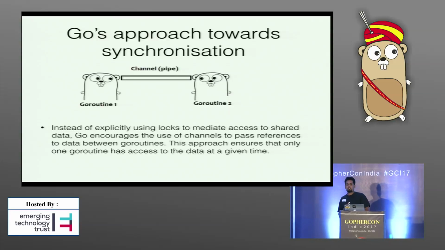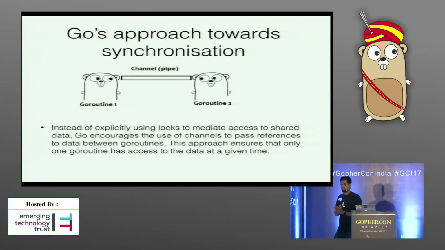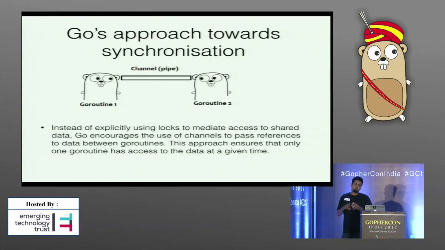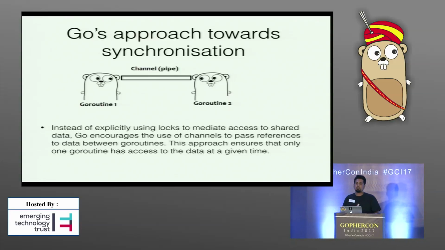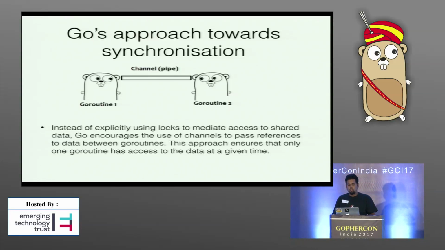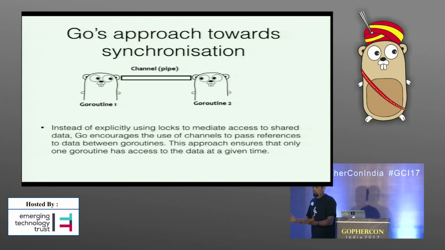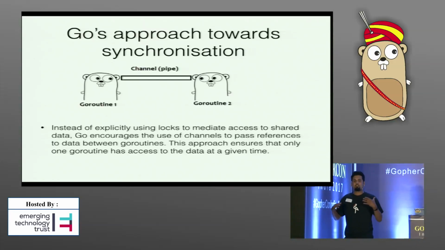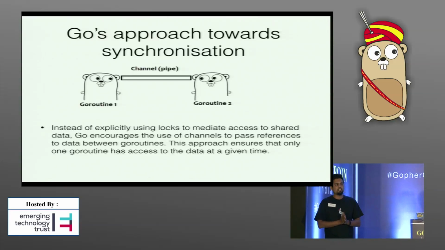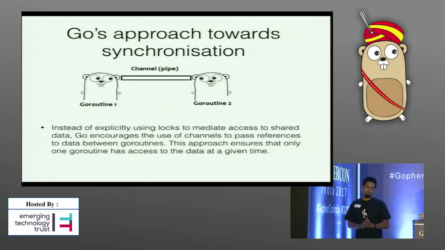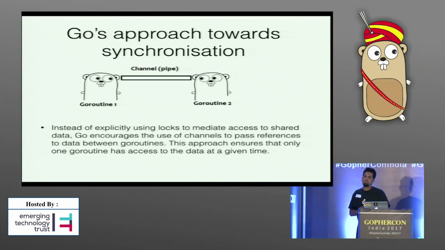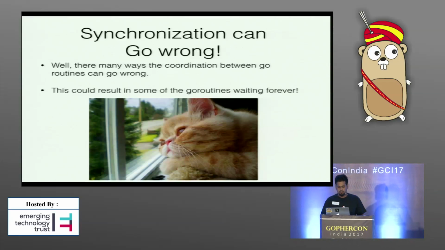Instead of explicitly using locks, as works in general with a shared memory model, Go encourages the use of channels, where you just pass the reference of data between the Go routines. This ensures that only one of these lightweight threads has access to the data, which gives a much safer way of accessing the data.